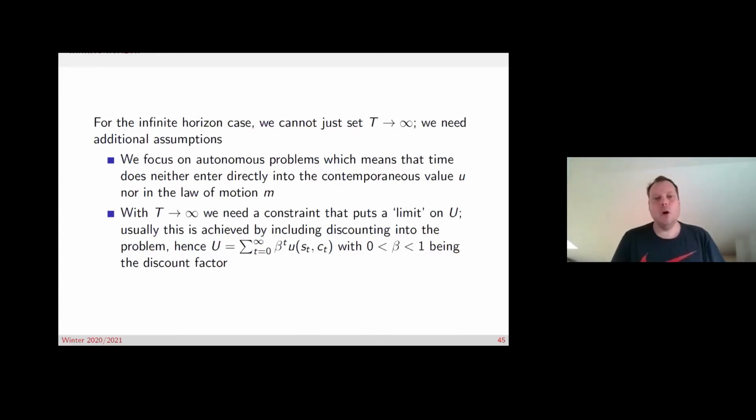So this autonomous problem just implies that the general nature of the problem does not change through time. I think this is the intuitive reason, but I think that this is not too restrictive. It's not too bad an assumption.